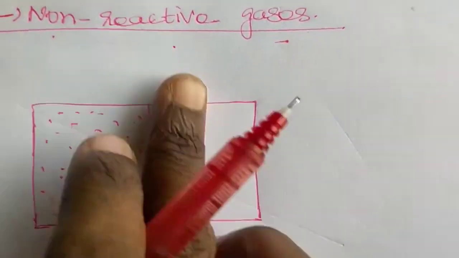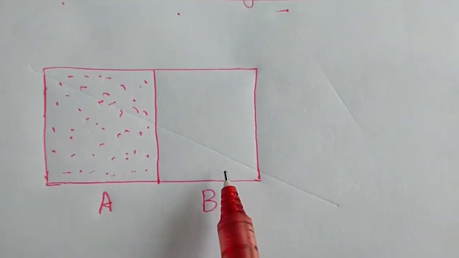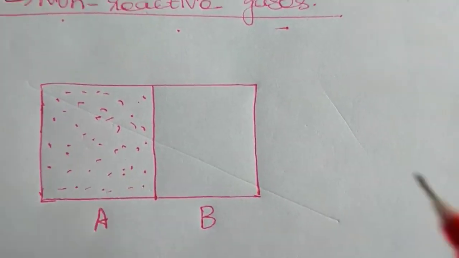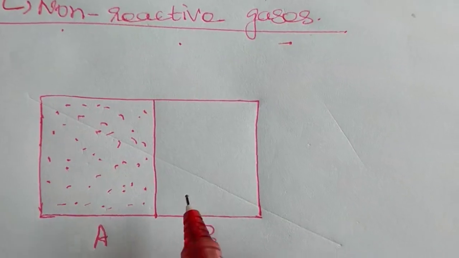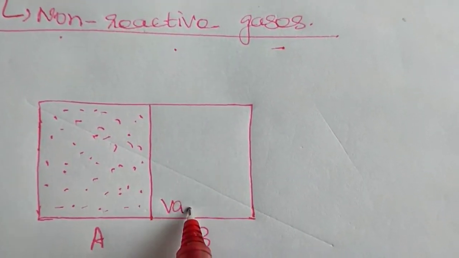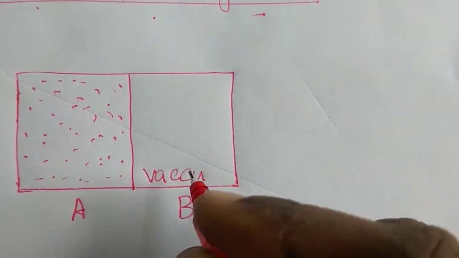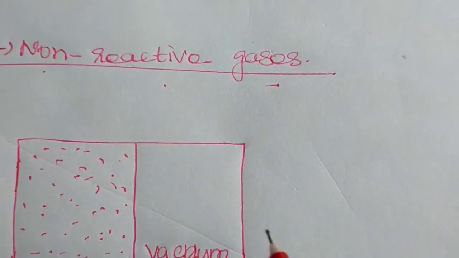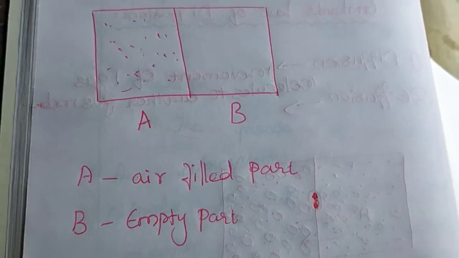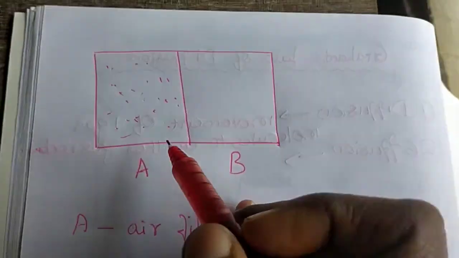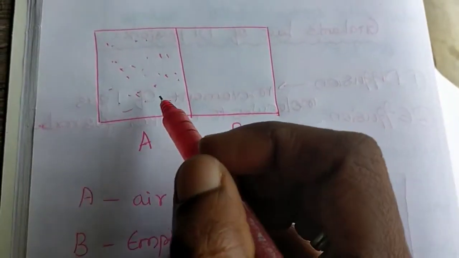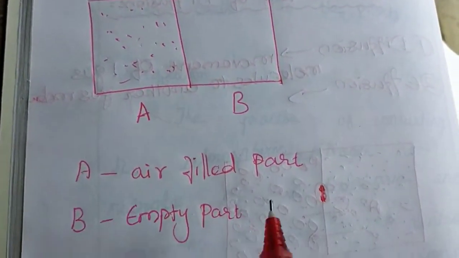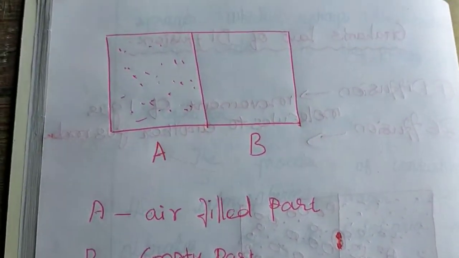This A part is completely filled with gas, but in B part there are no gas molecules present. That means it is a vacuum place. A is filled with gas particles, that means air fills part A. B is an empty part or a vacuum place.